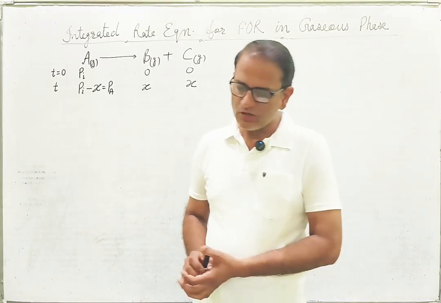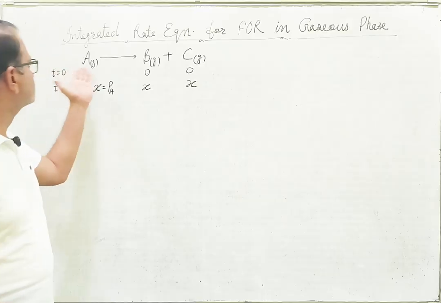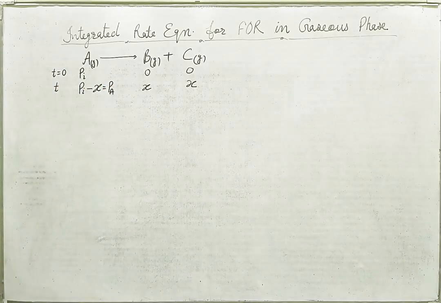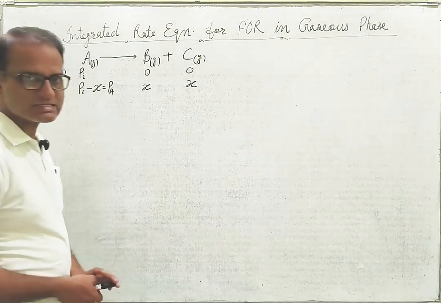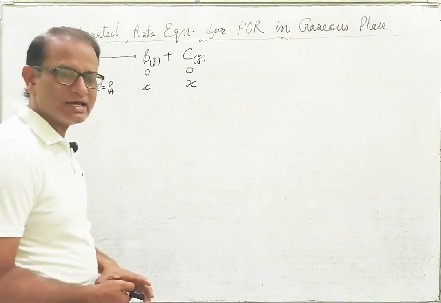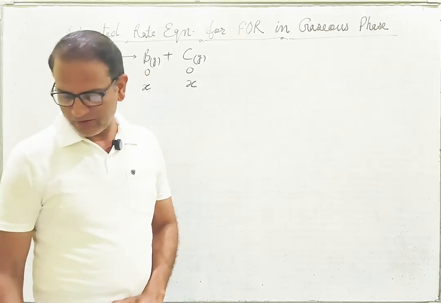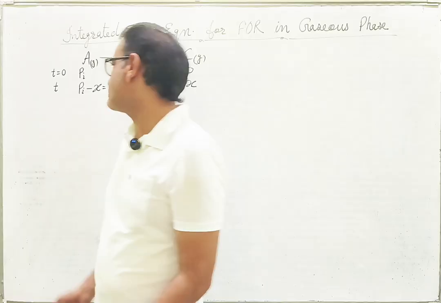So suppose a reaction in which A is getting converted into B gas plus C gas. These are all gaseous reactant as well as gaseous products. So what we can take here is the initial pressure.